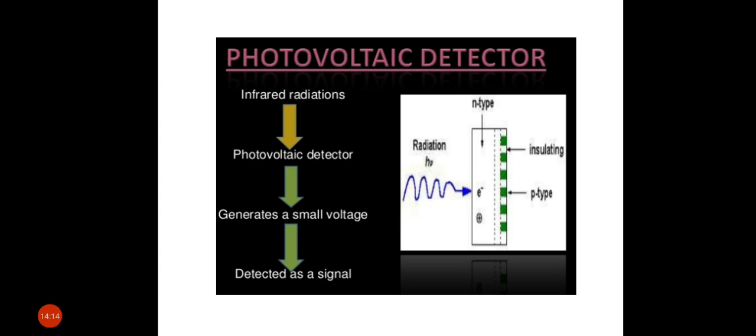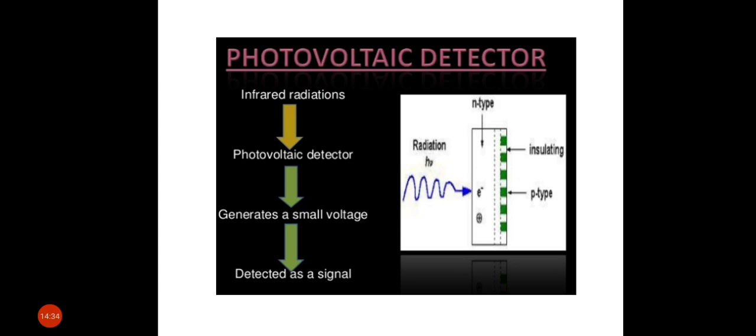So first is the photovoltaic detector. Infrared radiation falls on the photovoltaic detector, it generates a small voltage, and the detector detects the signal.